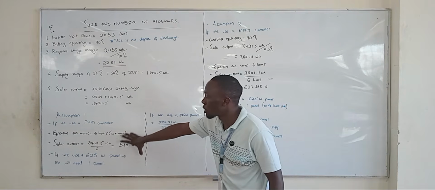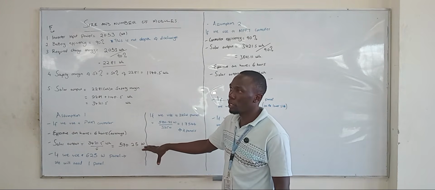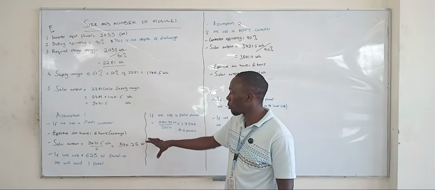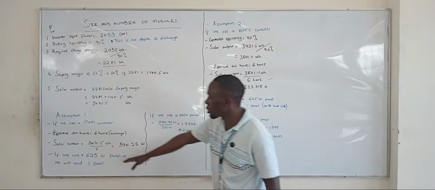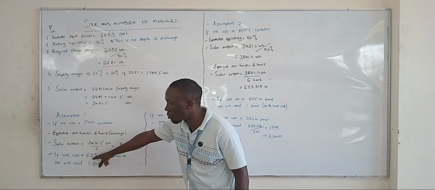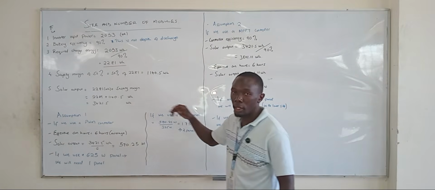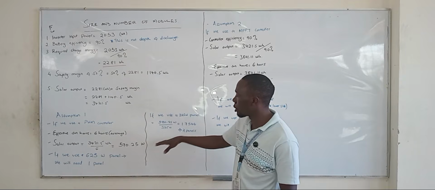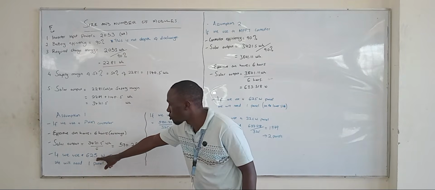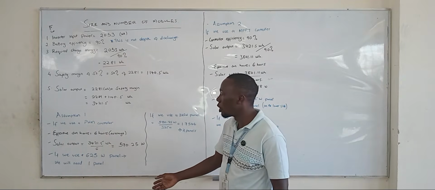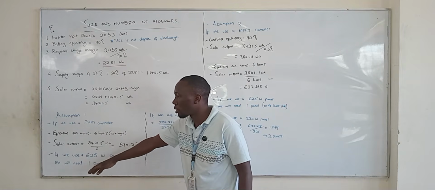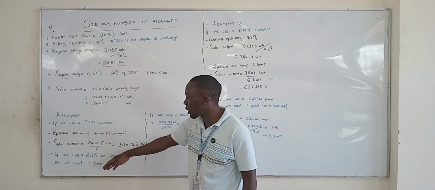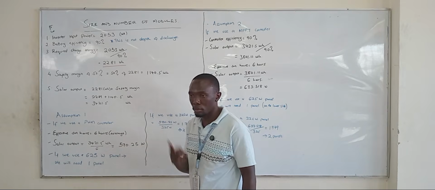Now, these assumptions are also approached depending on the financial abilities. Most of them are normally financial decisions. So if a financial decision allows you to just go for one 625 watt panel, that is okay. If the financial decision will not allow you to go for this 625, you go for a smaller one probably, or even two. If the financial capability of the client is okay, they can go for this two.